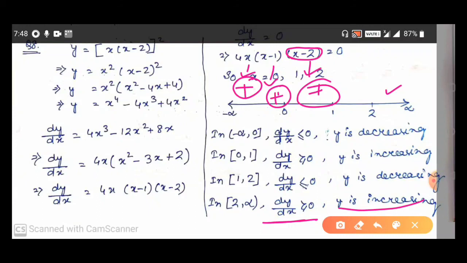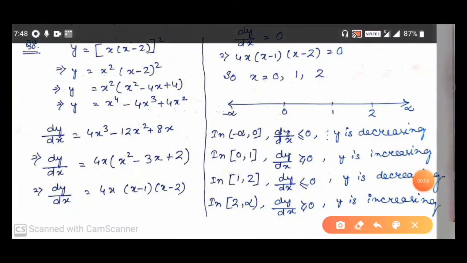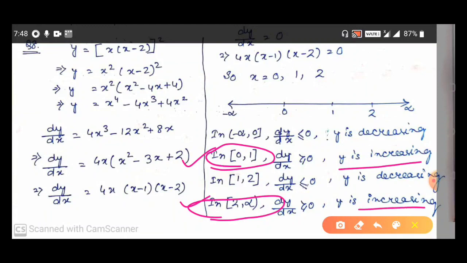Since our question was to find the values of x for which the function is increasing, our answer will be the intervals 0 to 1 and 2 to infinity. For these two intervals y is increasing.